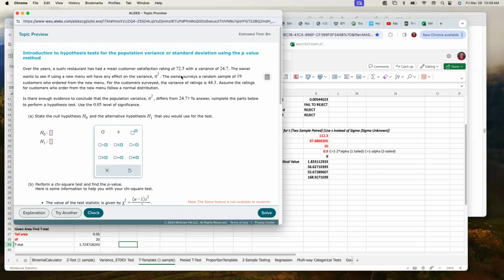We don't really need that for anything we're going to be doing, but they do give the variance, which is just the standard deviation squared. That's 24.7. I guess maybe data they've collected over a number of years. They don't specify the years, but we're going to assume it's a long time, and they have a pretty good handle on that.